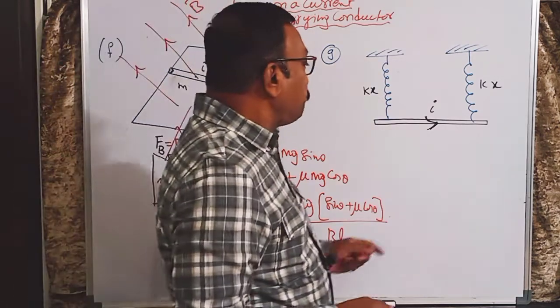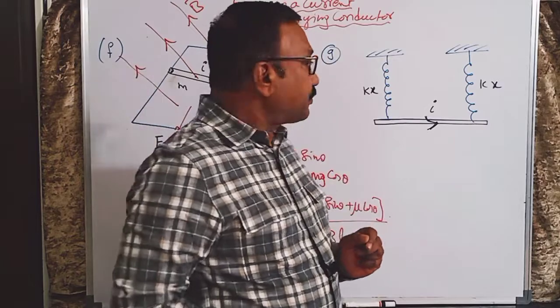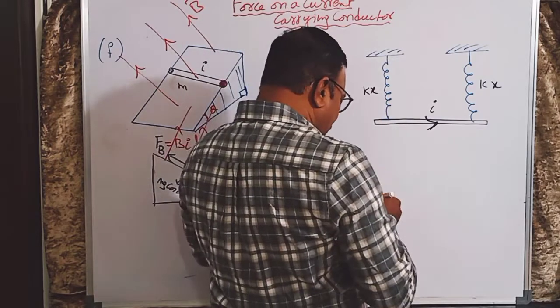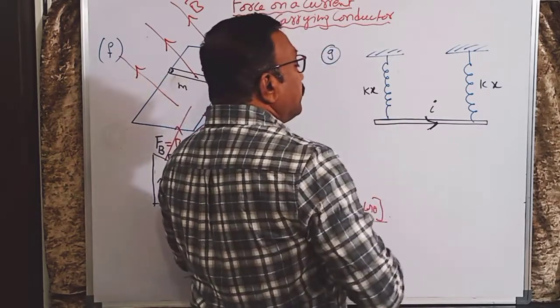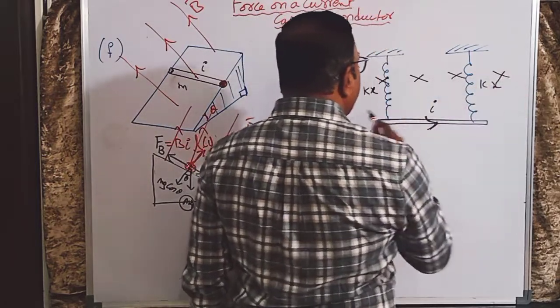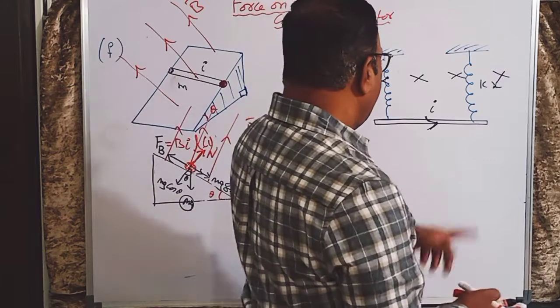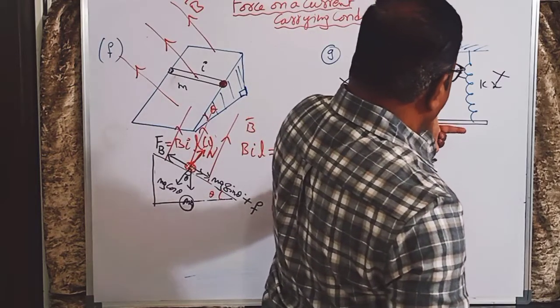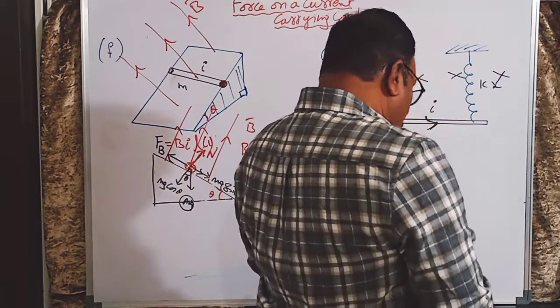Now coming here, you want the elongation in the spring. Oh, actually there is a magnetic field here. Outward or inward? Let me see. Let us take an outward magnetic field.